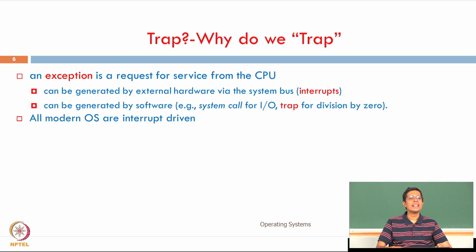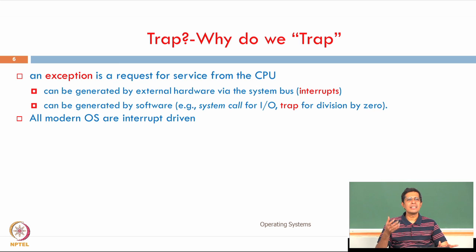So, any request for attention, or what we call an exception, that comes from outside the CPU, we call an interrupt. An exceptional scenario is a scenario where there is a request by the CPU for some special attention by the operating system. It can be of two types, one is called interrupt, another is called trap.